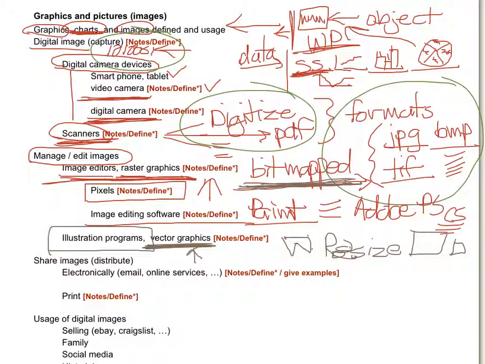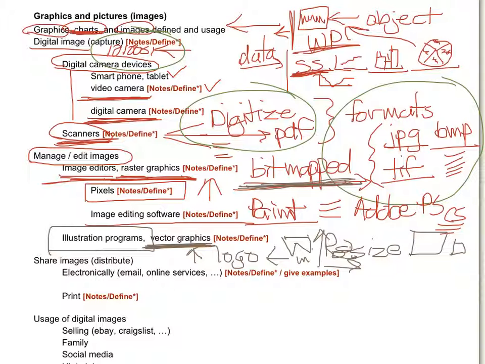An example of vector graphics: a lot of companies do their logo in vector graphics software. So if they need to use the logo on a small place on a web page, it looks fine. If they need to do a billboard outside their company, they can make that logo huge, put it on the billboard, and it still looks perfect, because the algorithm recalculates all these curves and points.